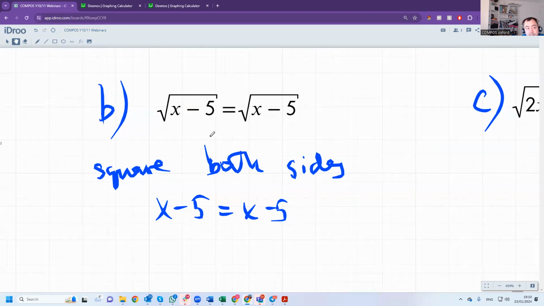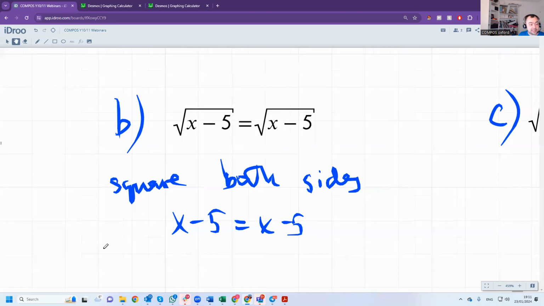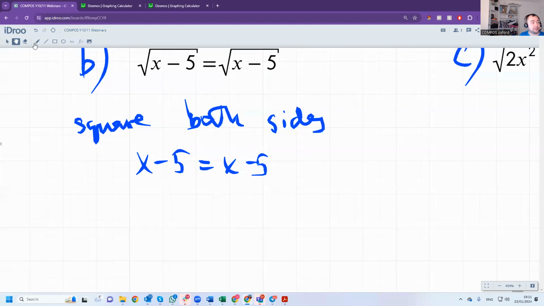But you will quickly see that it only works when the square root is of a positive number. x cannot be equal to 0, for example, because then you have square root of minus 5, which is impossible.